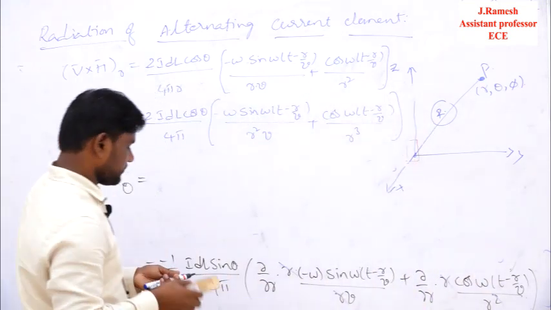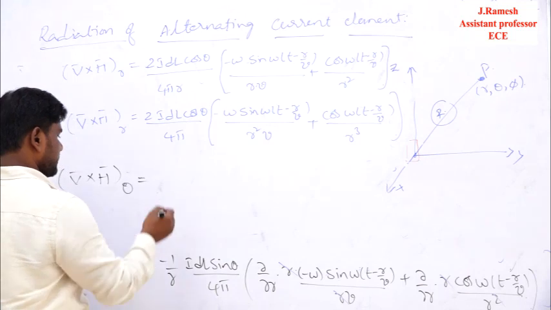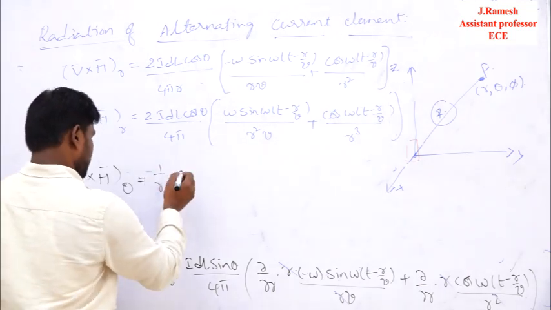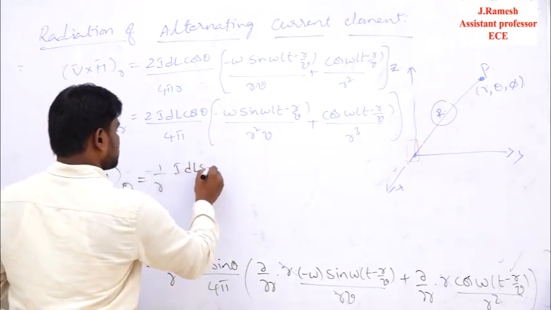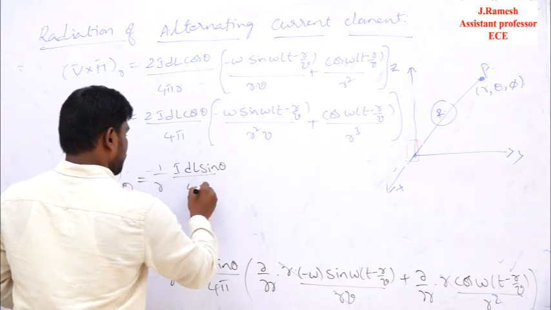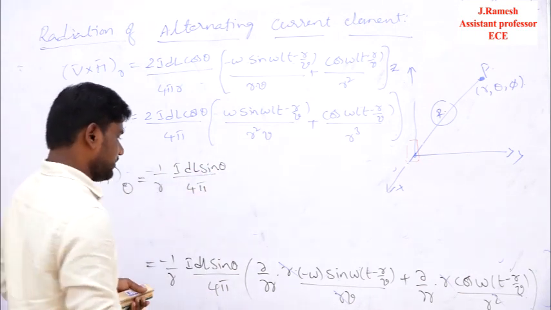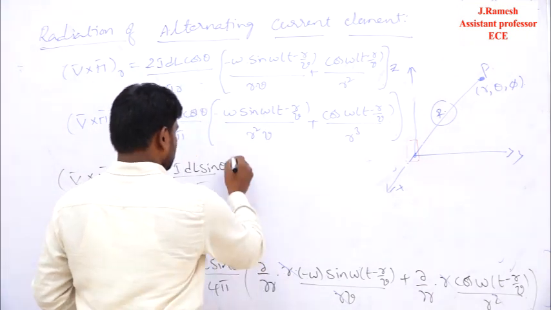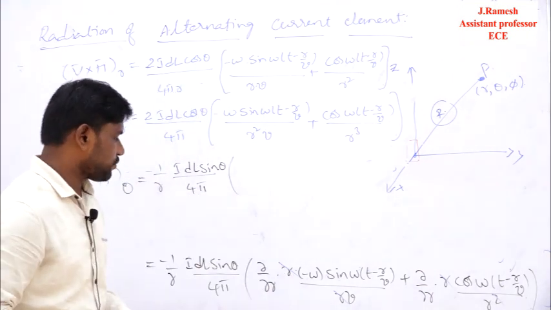If you see this one, again my constants are minus 1 by r into I dl sin theta by 4 pi, and here dou by dou r. I am going to take the derivative of this portion.